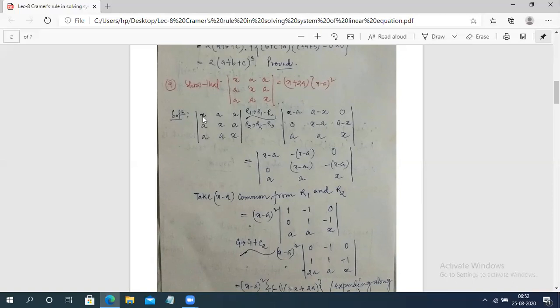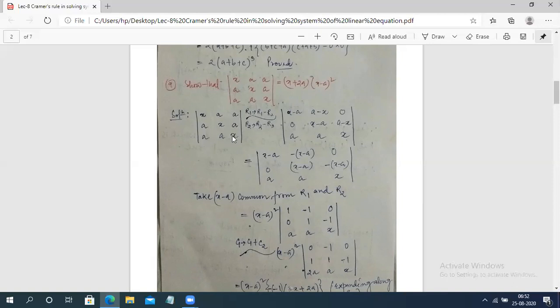So if we just change the first row R1 as R1 minus R2 and second row, that is R2 as R2 minus R3, then what we'll get? R1 is changed into R1 minus R2, that is x minus a minus x, a minus a, that is 0. First row is complete. Second row is getting changed into R2 minus R3. So a minus a, 0, x minus a, then a minus x.